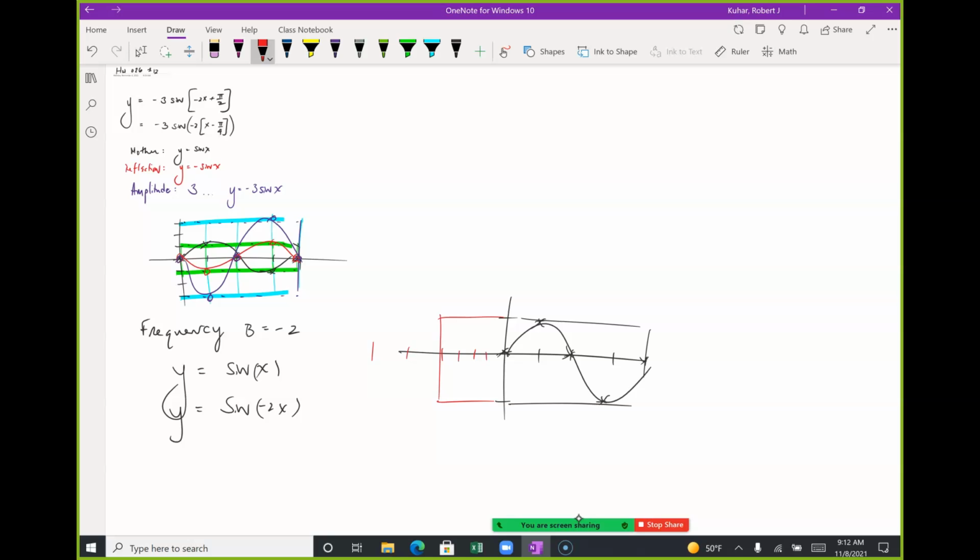And so I need new quarter steps here. So there's y equals sine of negative 2x. And again, easy to see on your calculator, right? So you want to play around with these. Play around with the different aspects of A, B, C, and D. Plus or minus A, B, C, and D, right?